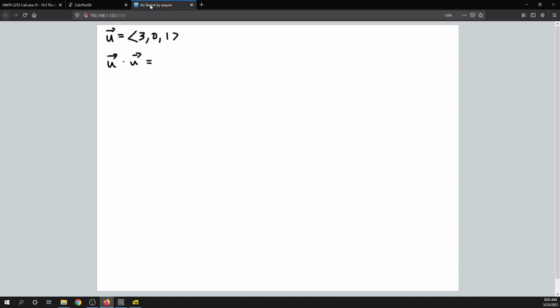The formula for the dot product would be the magnitude of the vector u, times the magnitude of the second one, which happens to be the same, times the cosine of the angle between those two vectors. So first, let's find the magnitude of u. That would be the square root of 3 squared plus 0 squared plus 1 squared, and that's going to come out to be 10 when we do that.